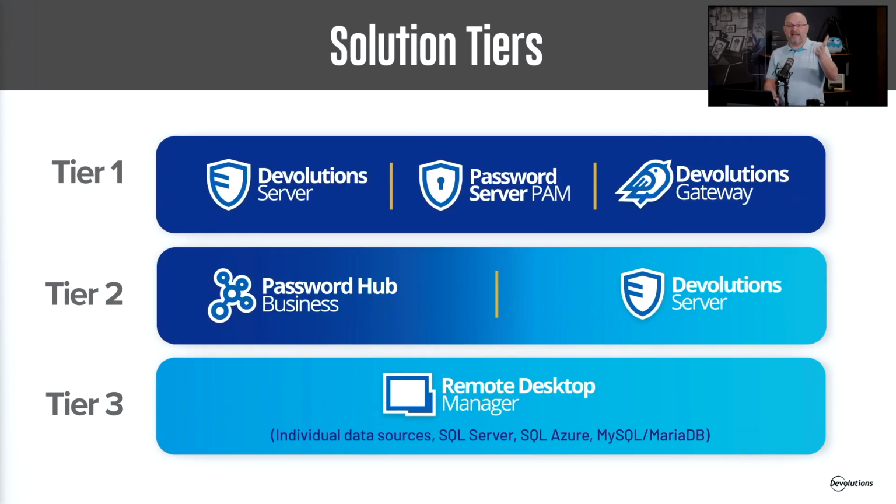So you see our platform, Remote Desktop Manager, at lower in tier 3, using individual data sources or what we call advanced data sources, basically databases that you would connect to directly. Then Business at tier 2, paired with also Devolutions Server, depending on your security requirements, on regulations that you must adhere to, and so on. And then at tier 1, at the top, you have a combination of the Devolutions Server, the PAM module, and the Devolutions Gateway. So that's the mix.